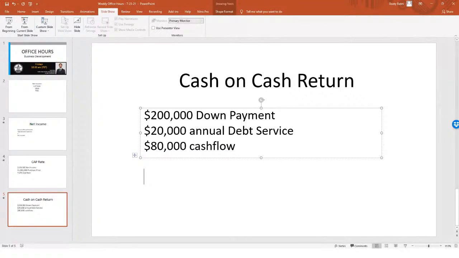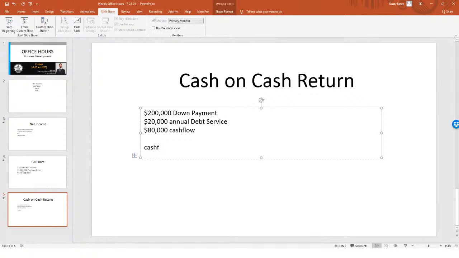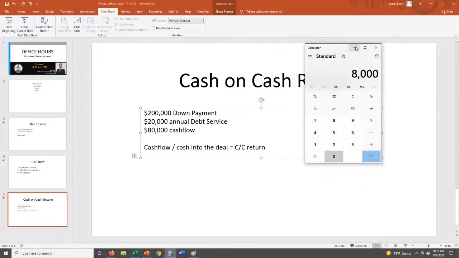So if we divide this $80,000, the cash flow after debt service, by the cash into the deal, that is the cash on cash return. This is my cash return based on the cash I have in the deal. So 80,000 divided by 200,000. This is a ridiculous example, but for the sake of argument, I'm getting a 40% return on this crazy deal, right?